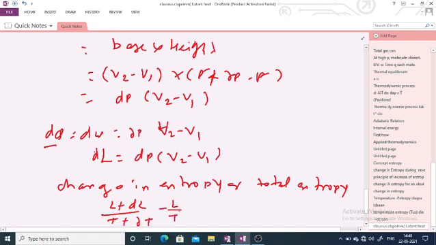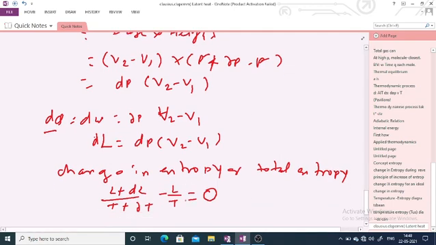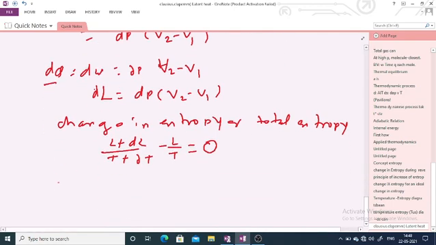Now the total entropy over the closed cycle is equal to 0, because the initial and final states are the same. So we got (L plus dL) upon (T plus dT) is equal to L upon T. If we rearrange the terms, we get (L plus dL) times T minus L times (T plus dT) is equal to 0.